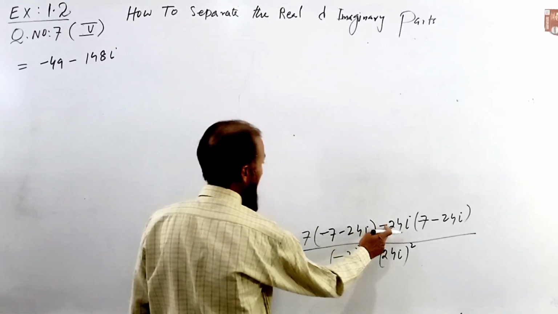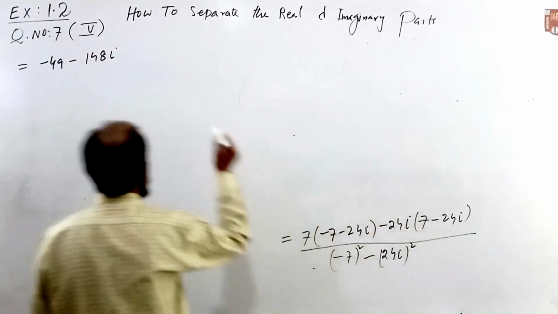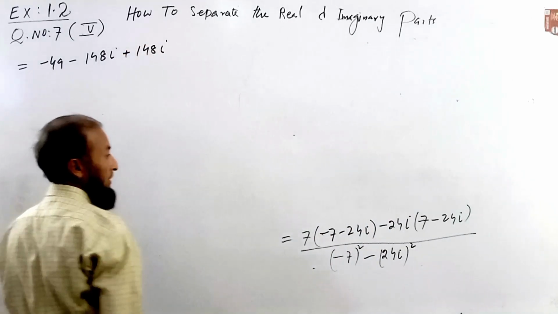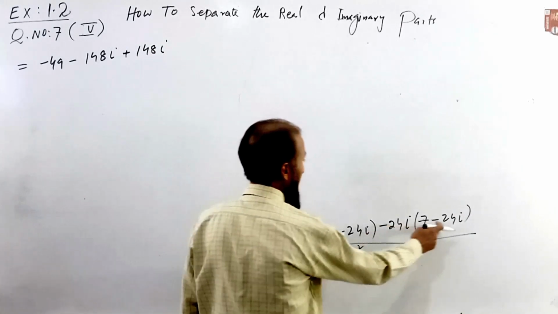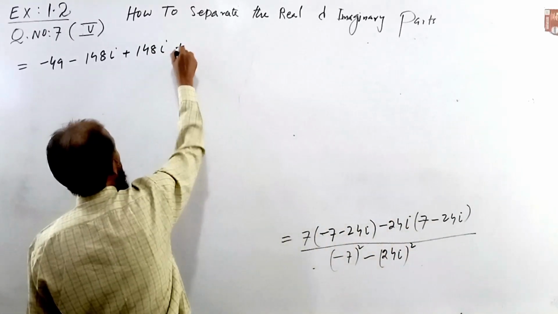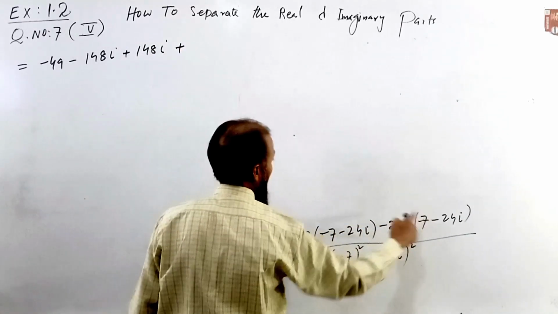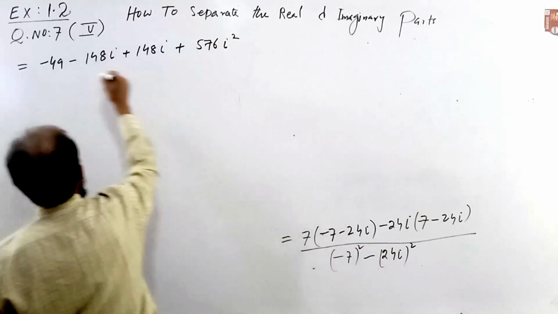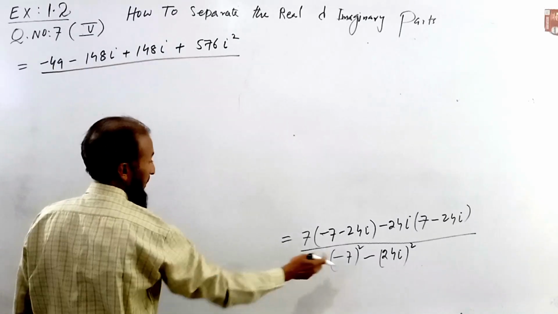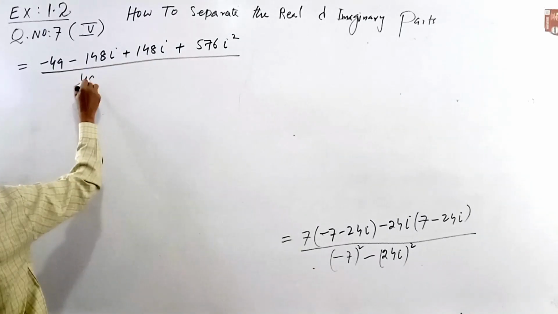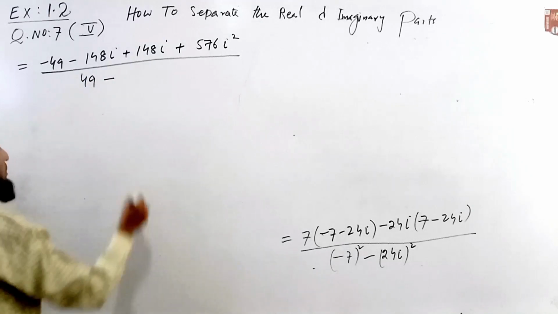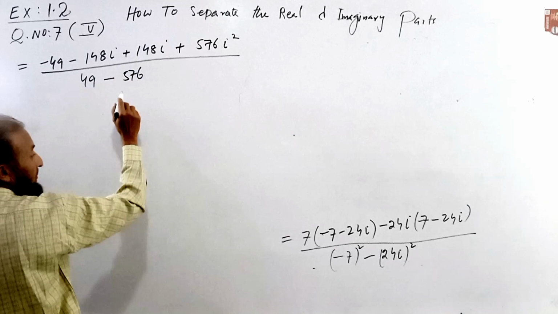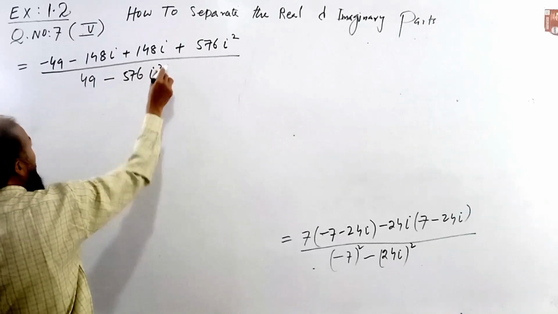Similarly, we multiply minus into minus, plus. We get plus 168i, and here minus into minus plus 24 multiplied by 24, 576 i square, divided by 49 minus 576 i square.